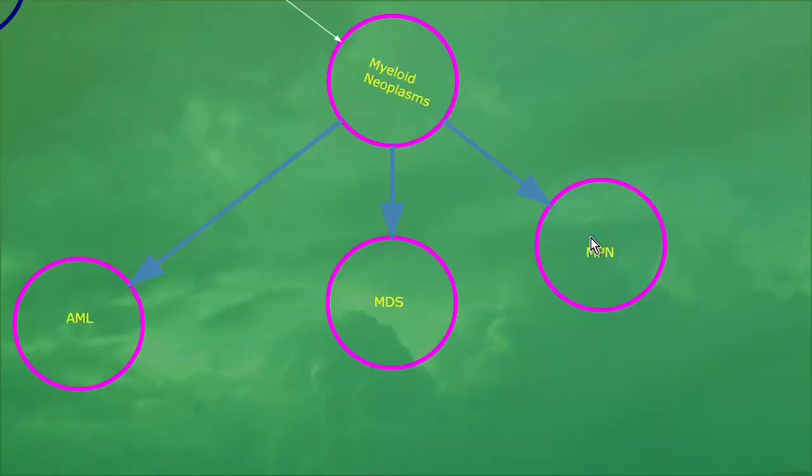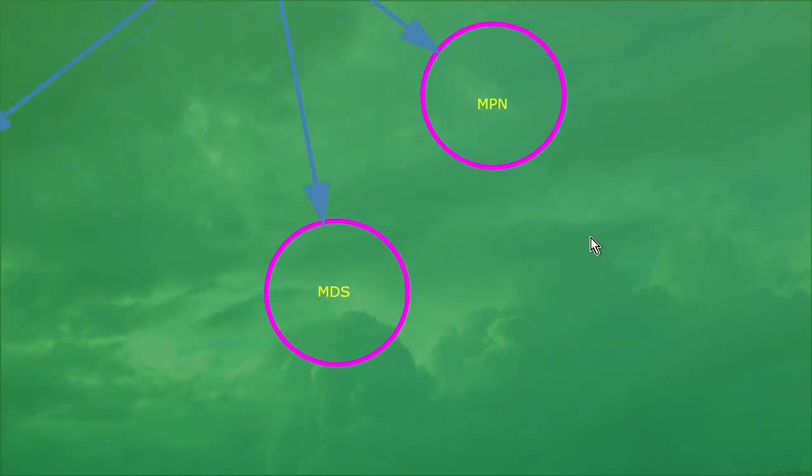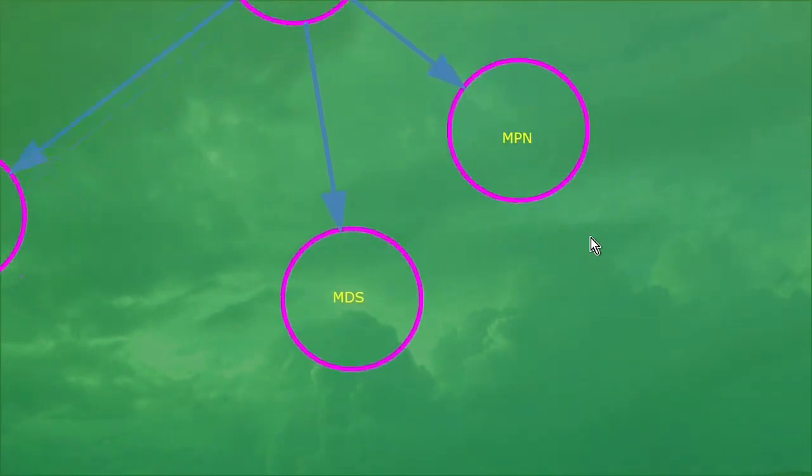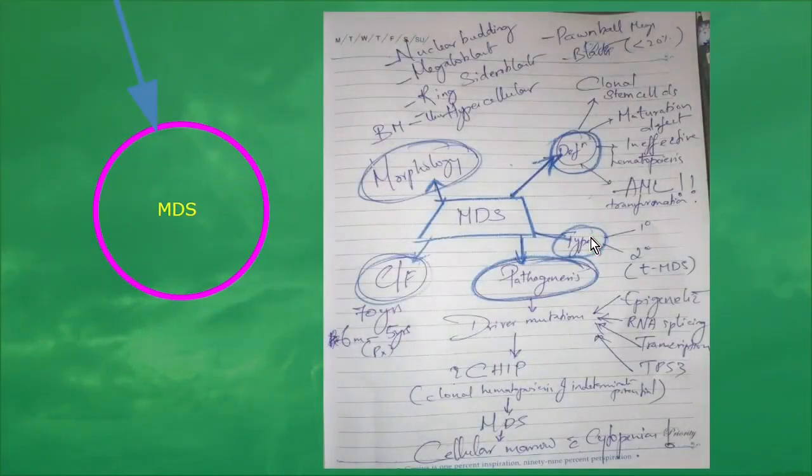Okay, that was AML. Now coming to MDS, or myelodysplastic syndromes, which is the second myeloid neoplasm which we are looking at. MDS is quite unique.